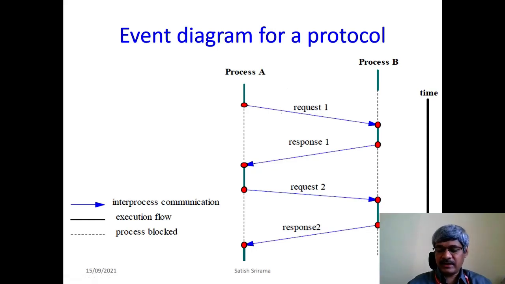Say, for example, in the earlier four different types of send and receive, asynchronous and synchronous, we have seen. But assume there can be a protocol which is defined here.